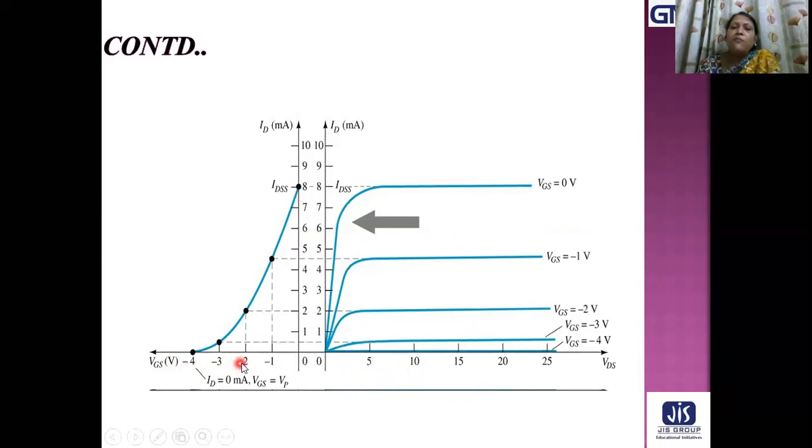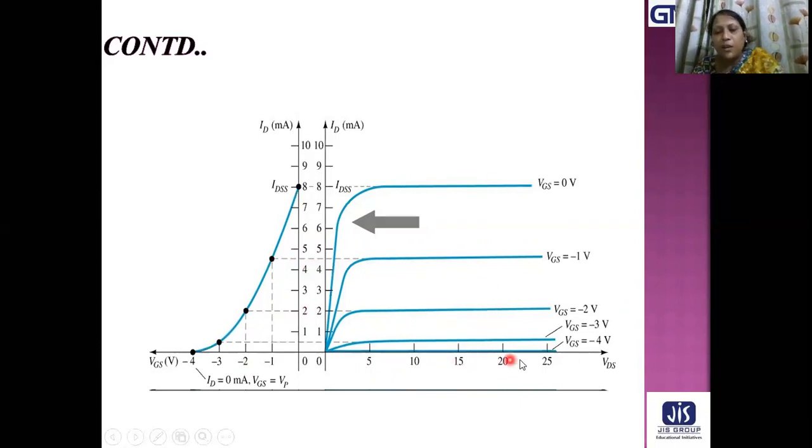Similarly, when VGS equals minus 2 volt and VDS equals 5 volt, the same 2 milliampere current is flowing. Similarly, VDS equals 5 volt, VGS equals minus 1 volt, 4.5 milliampere current is flowing.